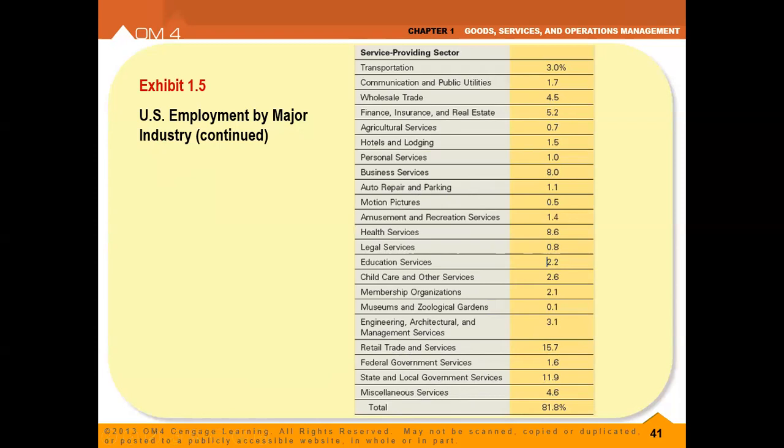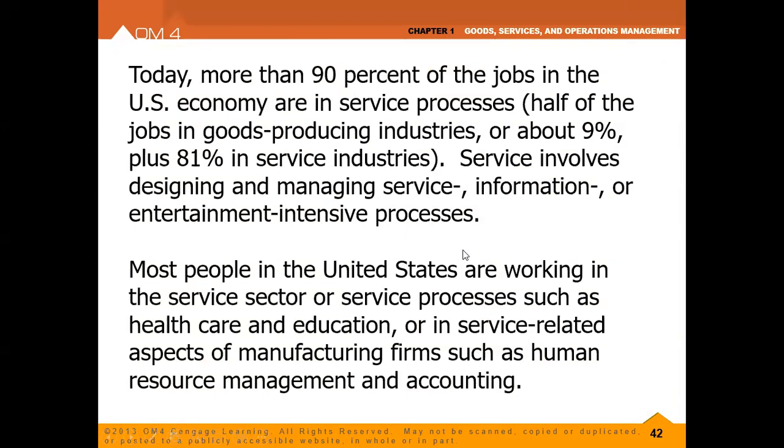Where's the education? Childcare and education service 2.2%. Okay, so these are the differences between service and the physical product. So 90% of jobs are related to service processes. Half of the physical product industry is related to service, 9%, and then 81%.